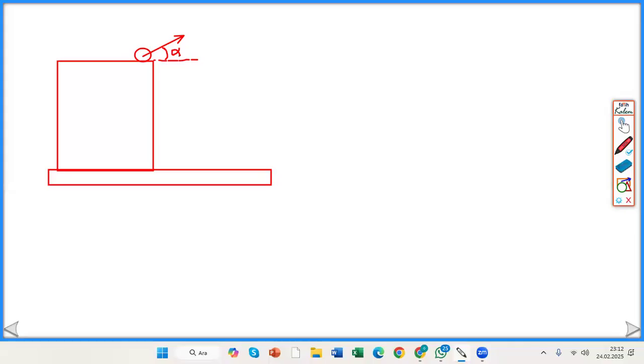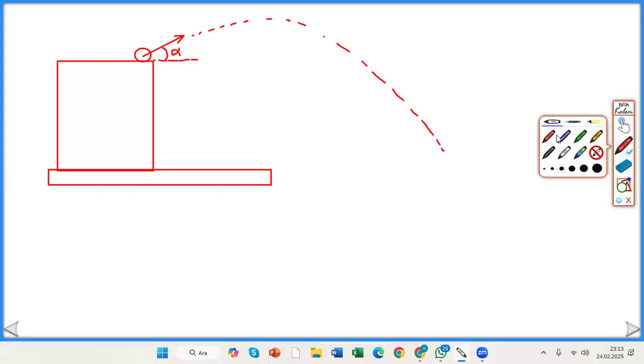During that motion, again there are two different motions, the first one horizontal and the second one vertical. Assume that this is the velocity v.